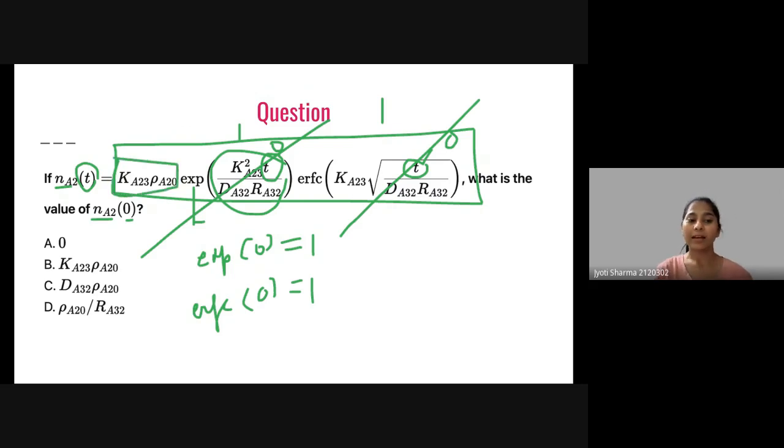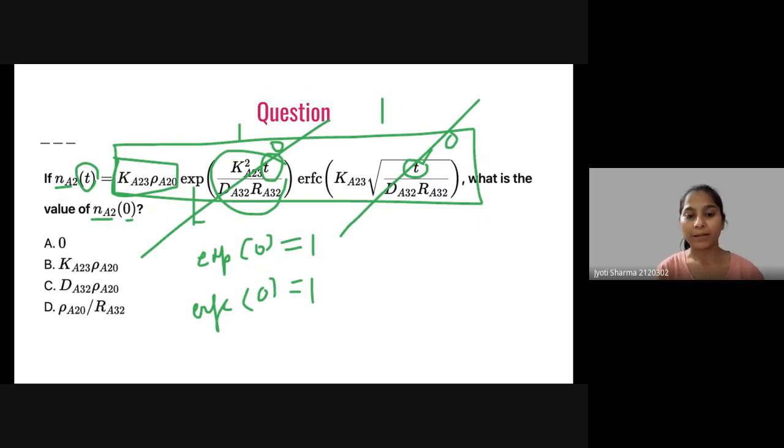So if we are calculating our flux at time equal to 0, then our equation is very simple. But if we are calculating the flux with time or with the distance z, then your equation will be more complex, because we have to take into consideration distance, time, everything, right? So when time is equal to 0, the flux will be much simpler.